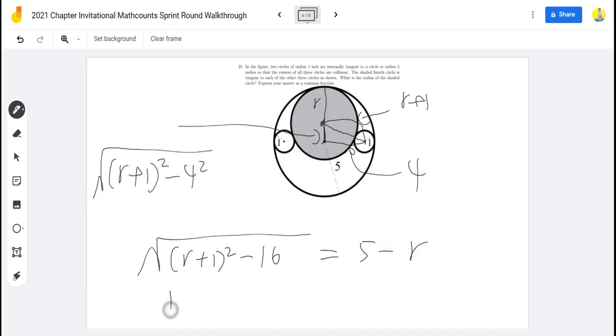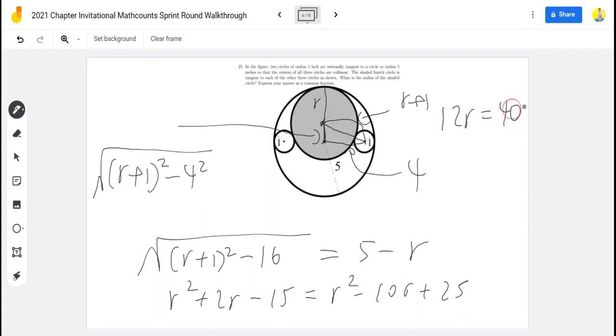This means that r squared plus 2r minus 15 equals r squared minus 10r plus 25. This means that 12r equals 40, and r equals 10 over 3. So 10 over 3 is our final answer.